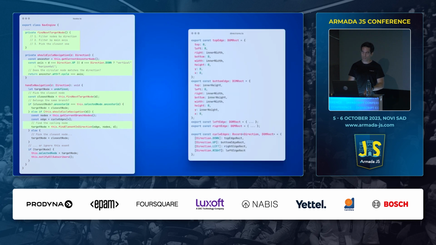And if so, we find this cycling navigation, which is the same approach as we did before. The only difference is that we already have hard-coded the edges of the viewport where we're rendering. With that information, we can easily find the cycling node. And if it's not part of the same branch, then we just pick the closest node. And then we update the value that we had before.